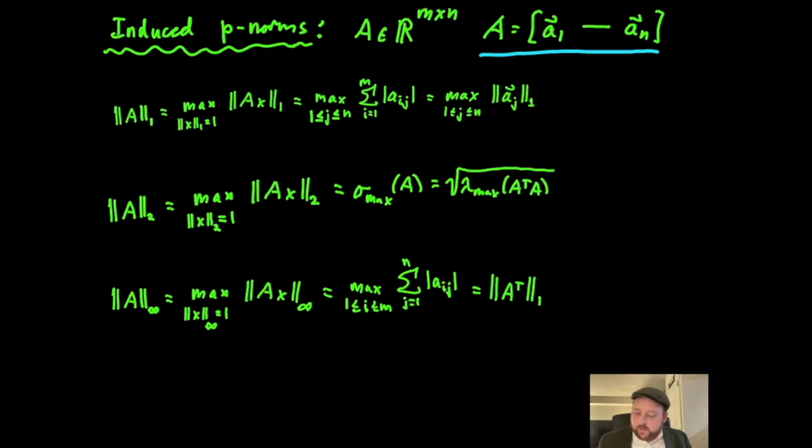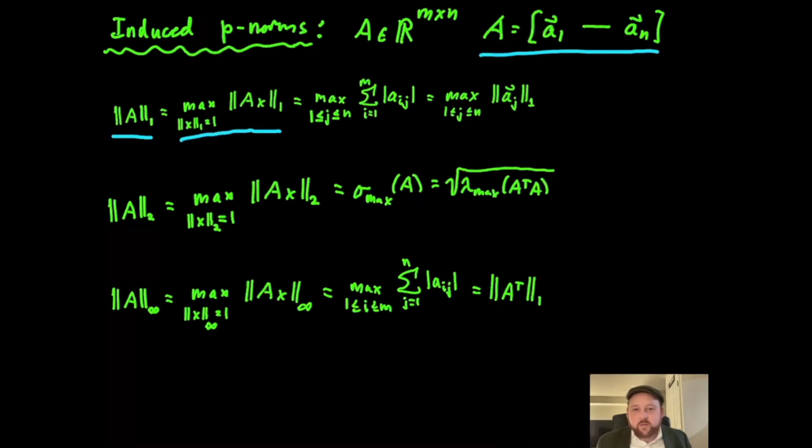If I consider the induced matrix 1 norm, what is this equal to? By the definition that I gave you for the induced matrix norms, that's how you would arrive at this line. I've just plugged into the definition. So I need to maximize the 1 norm of Ax over all vectors of unit 1 norm.